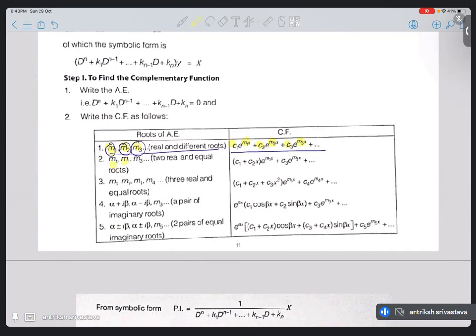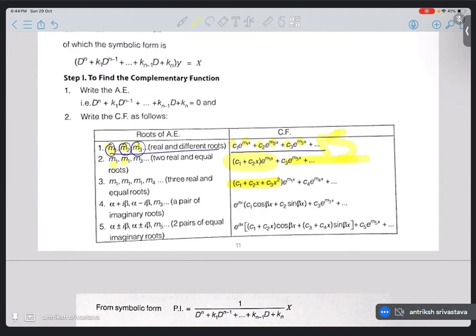In that case we have a different kind of expression, that is (c1 plus c2x) e power m1x, and the rest of the things are similar as we have seen above. When three roots are the same, then you have to go by this. In case of cubic, that can happen. In case of power 4, that can happen.